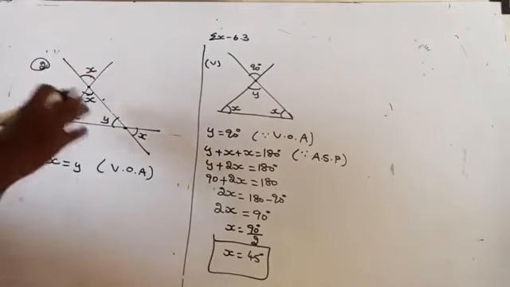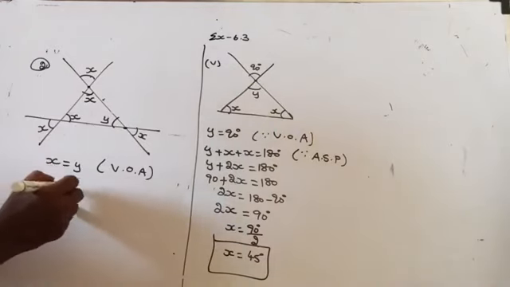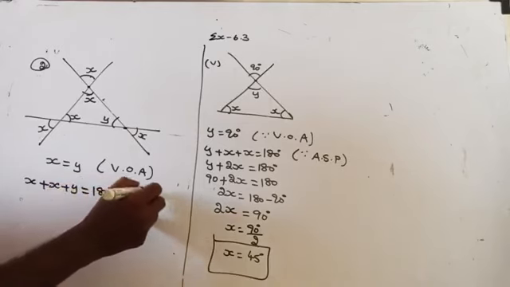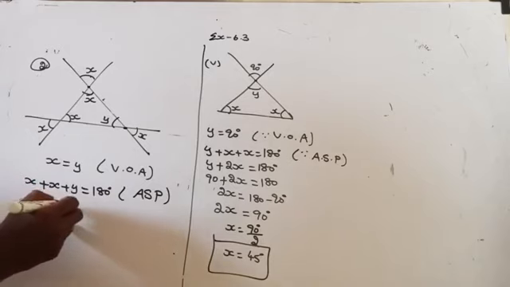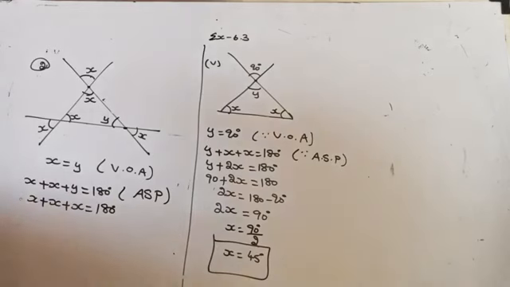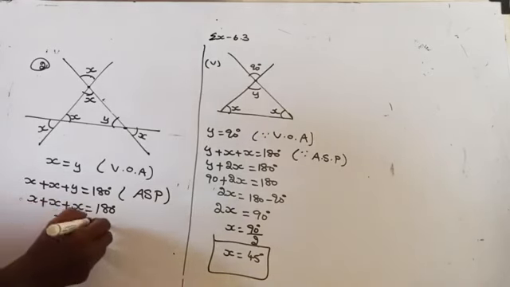Right? Now in a triangle, x plus y plus x is equal to 180 degree, since angle sum property of a triangle. So x plus x, y is also x, is equal to 180 degree. So x plus x is 2x, 2x plus x is 3x. So 3x is equal to 180 degree.